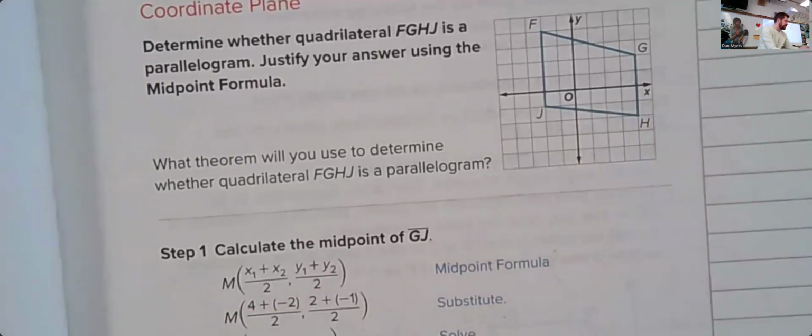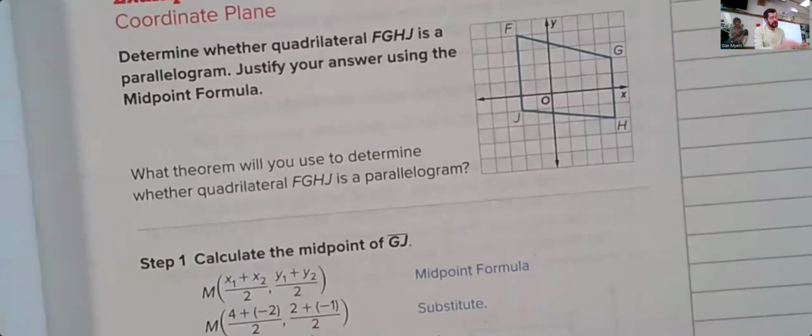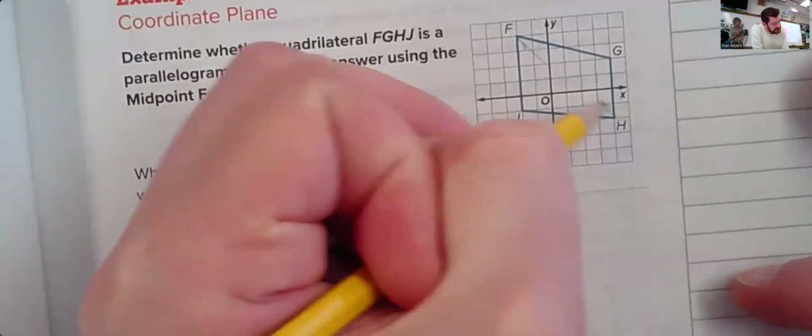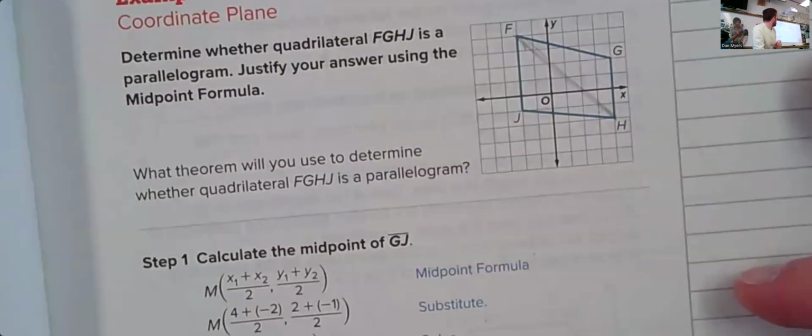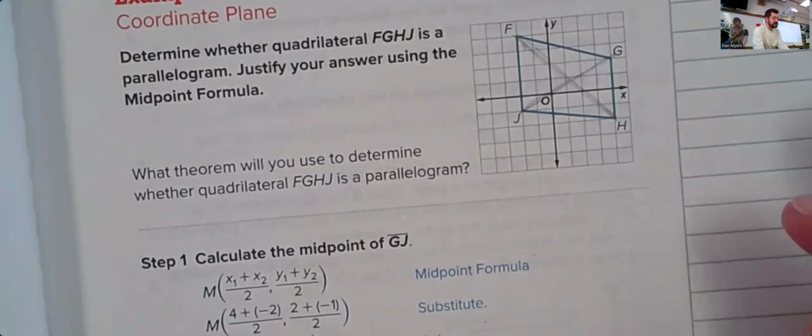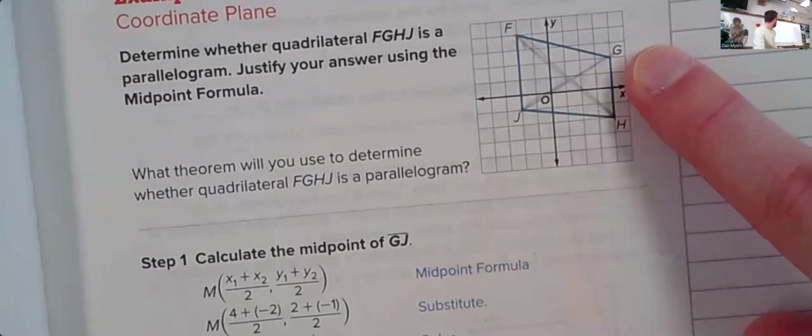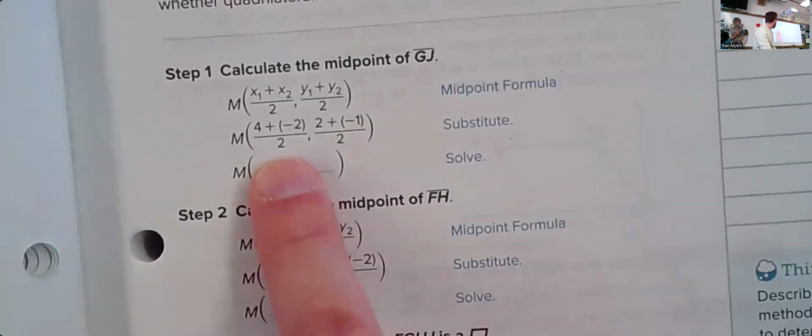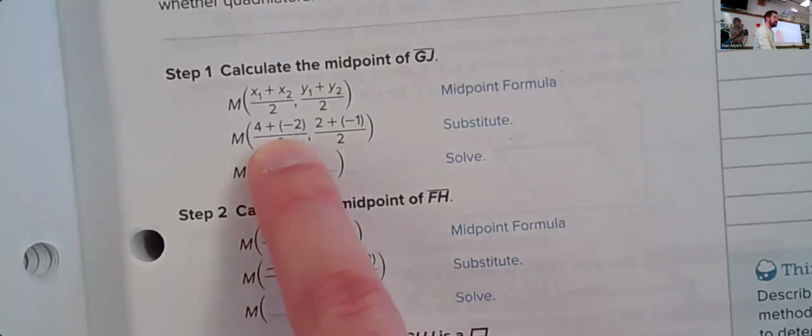So if you think about this for a second, let me get a pencil here. If you were to quickly sketch in a diagonal between F and H and a diagonal between G and J, going halfway in between G and J actually sets up a lot of this for us. If we add the x coordinates together, -4 plus 2 is what?